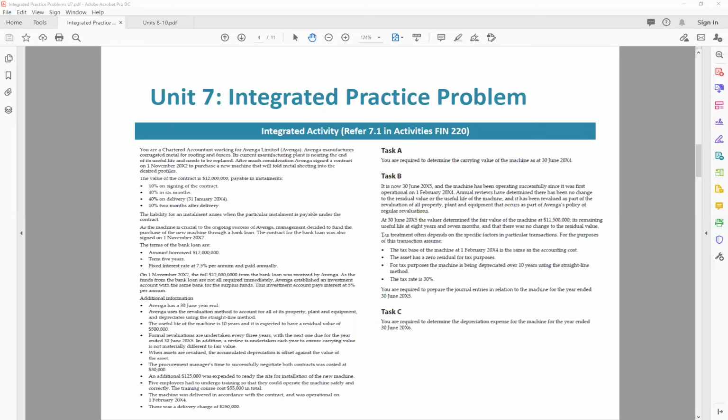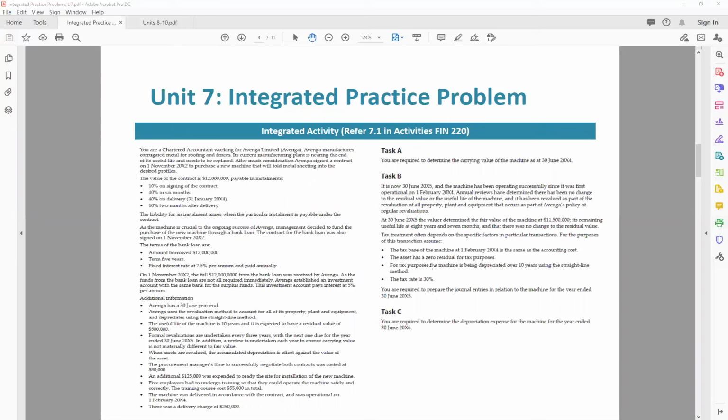We are told that the tax treatment of the plant is going to be the same as accounting purposes. For tax purposes, the machine is depreciated over 10 years, so it's some sort of straight line over 10 years, with a tax rate of 30%.